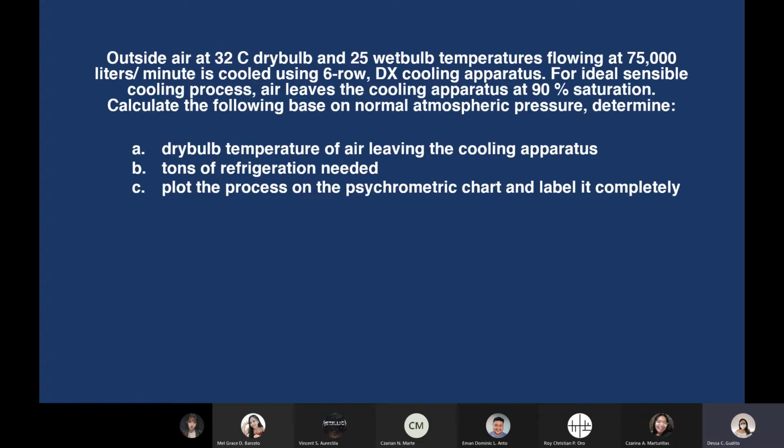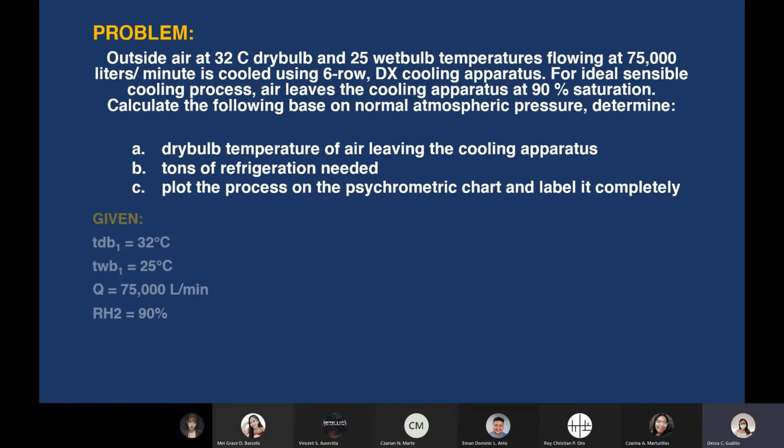First, we find the dry bulb temperature of air leaving the cooling apparatus. Next, we need to find the tons of refrigeration needed. Then we need to plot the process on the psychrometric chart and label it completely.